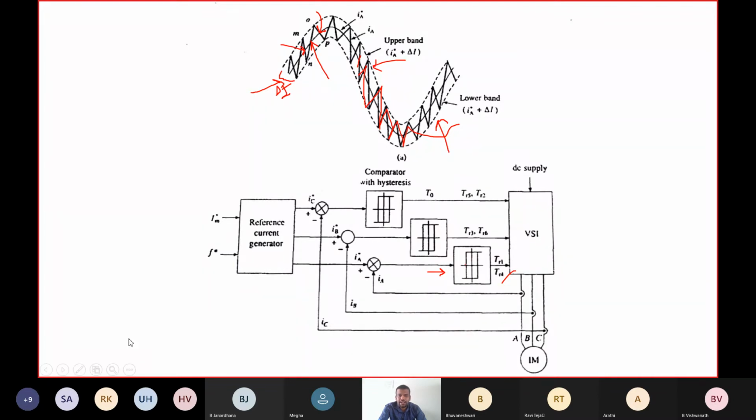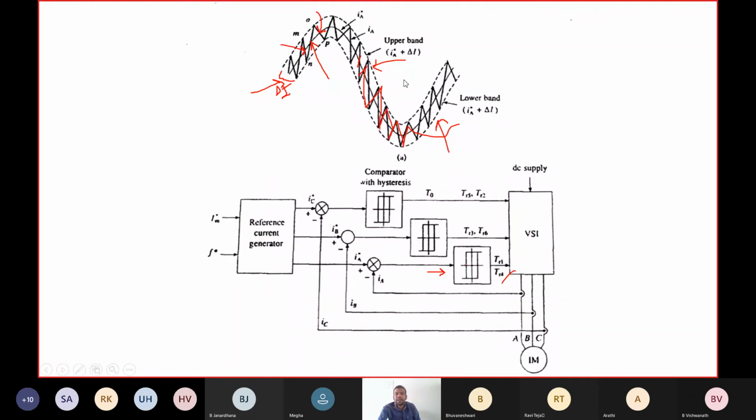Using these command values, the sinusoidal reference currents are generated, and we pass them through our hysteresis bands.